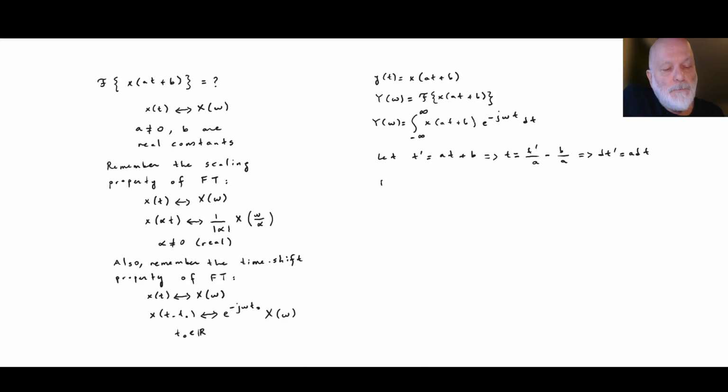Now for a greater than 0, what can we say about Y of omega? Now Y of omega is equal to the integral of x of, now instead of at plus b, I write t prime, and we have e to minus j omega. Instead of t, I write t prime over a minus b over a, and then instead of dt, we can write dt prime over a.